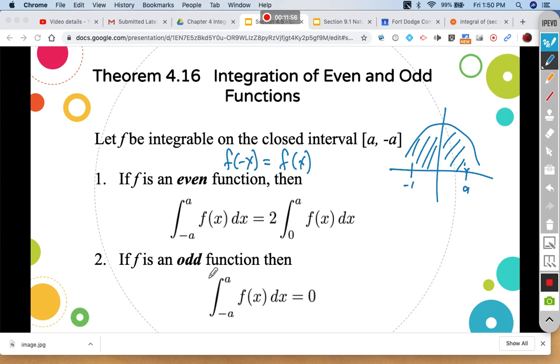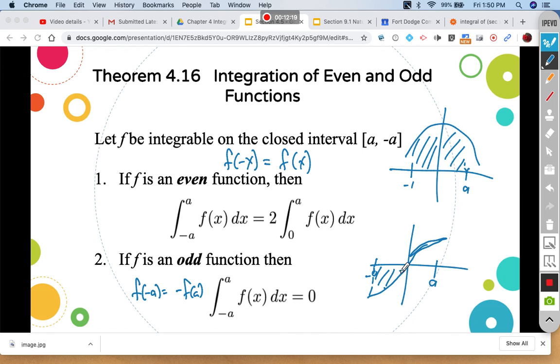If it's an odd function, then f of negative a equals the opposite of f of a, or you have this type of symmetry where all of these are opposites of this. Well, we're going from a to negative a.